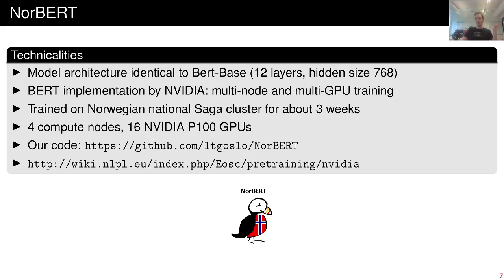All the code that we used to train the NorBERT model, and all the patches that we applied to the NVIDIA code, are available in our GitHub repository, and we have also documented the whole process on the wiki page. On this slide, you can also see a nice puffin, which is the mascot for NorBERT.